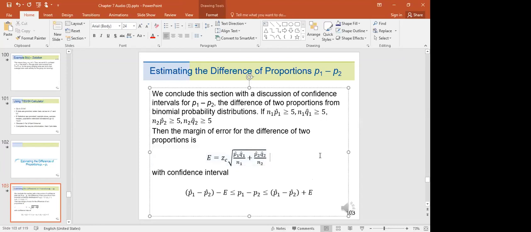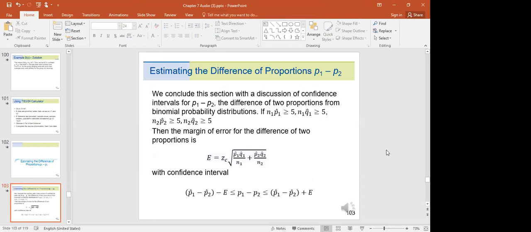Which we will use the calculator to do. I think you can see that the calculator is much easier than doing it manually.